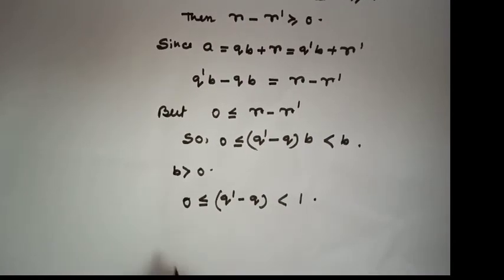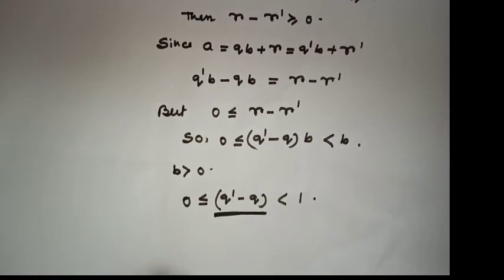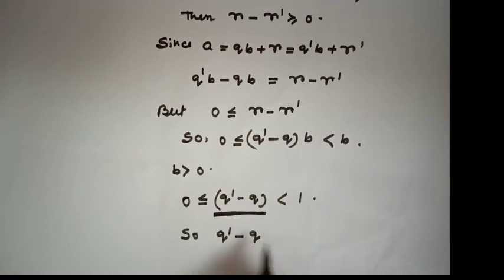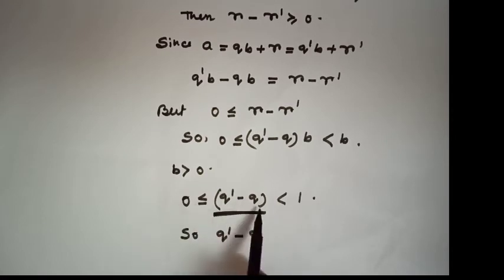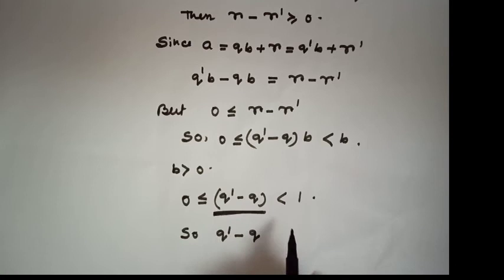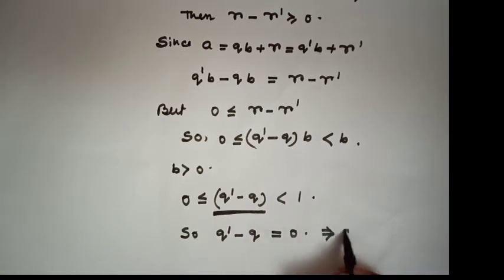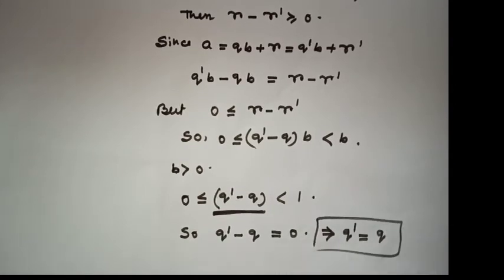But q dash minus q is an integer. Since this lies with 0 less than or equal to q dash minus q strictly less than 1, that means this is equal to 0. That implies q dash equals q. Okay? And this is the proof of uniqueness.